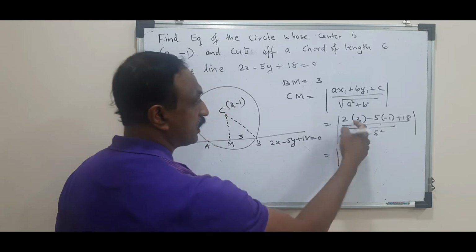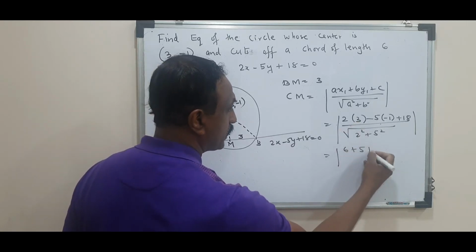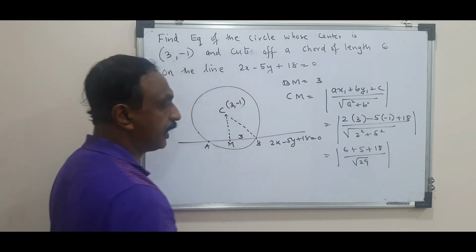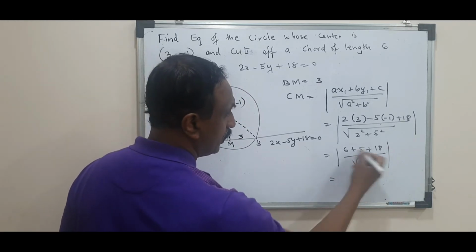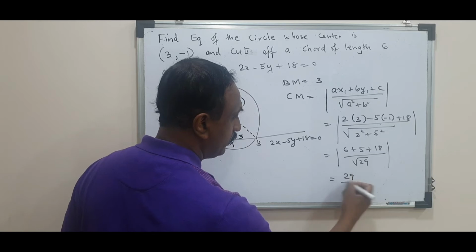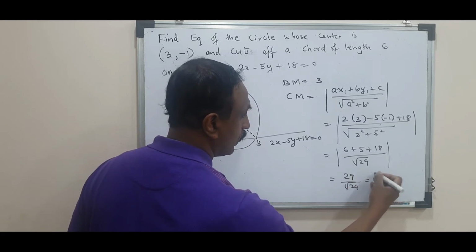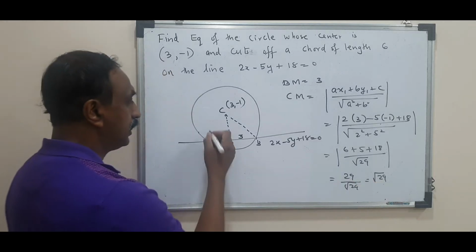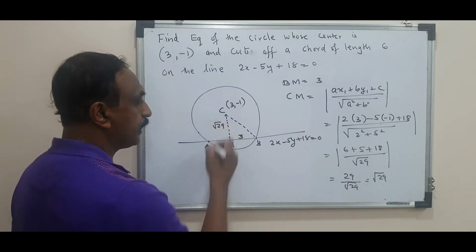That gives 6 plus 5 plus 18, divided by root 29. So that becomes 29 upon root 29, which gives root 29. So the value of CM is root 29.